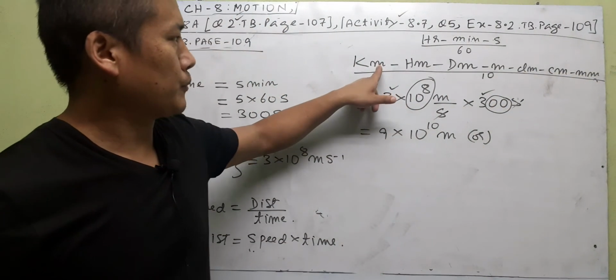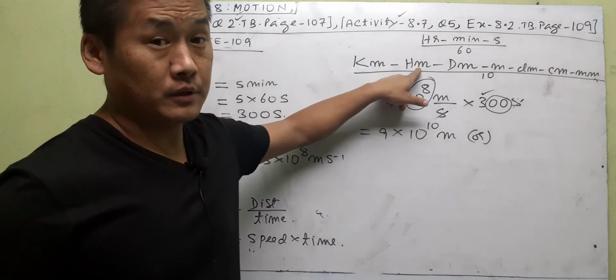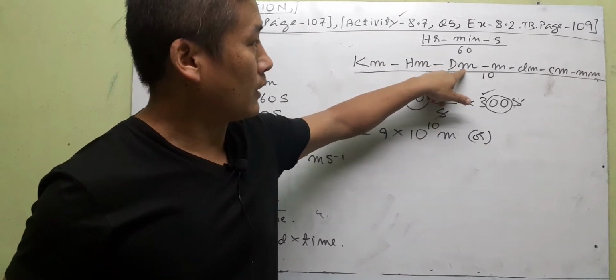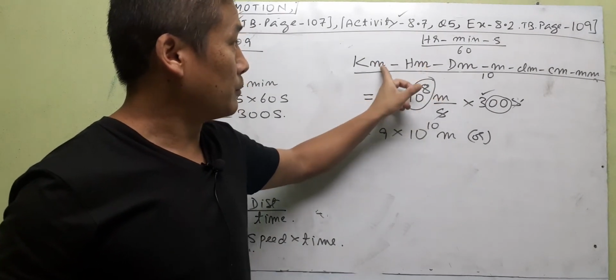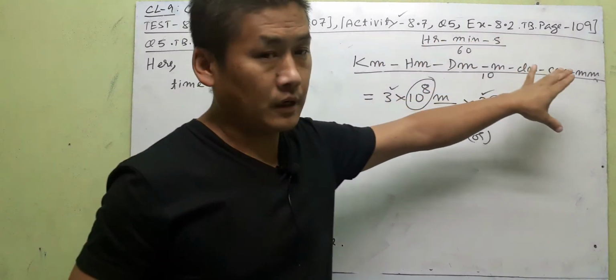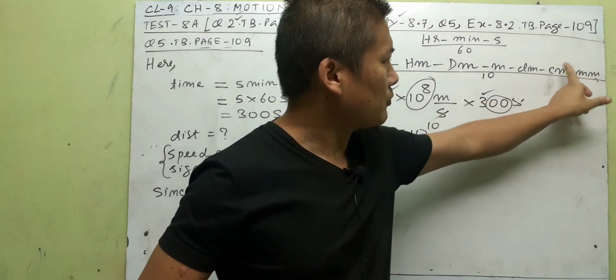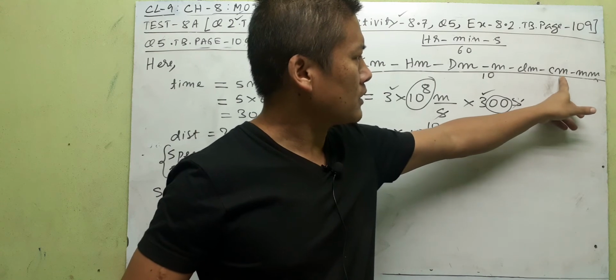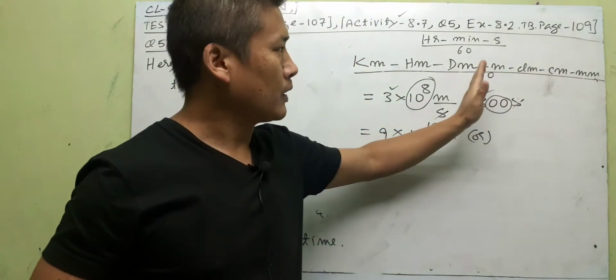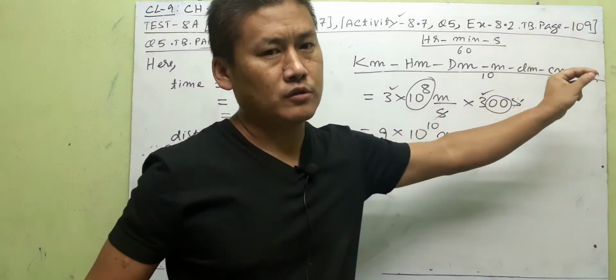What do we mean by that? 1 kilometer is 10 hectometer. 1 hectometer is 10 decameter. It goes like that when you go from bigger unit to smaller unit. These are bigger units, the left side are smaller units. But if you're changing from small to big unit, 1 millimeter is 1 by 10 centimeter. 1 centimeter is 1 by 10. So every position shifted is 10, 1, 0, 1, 0.